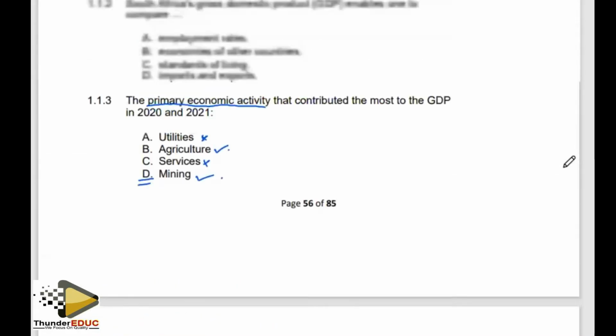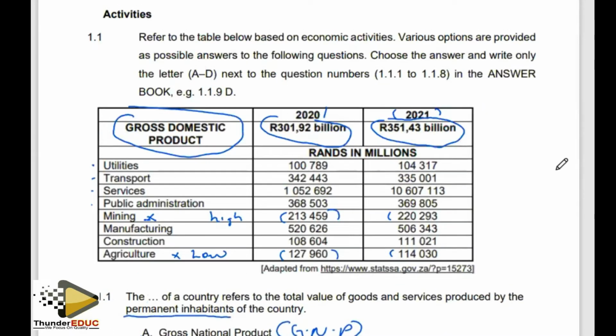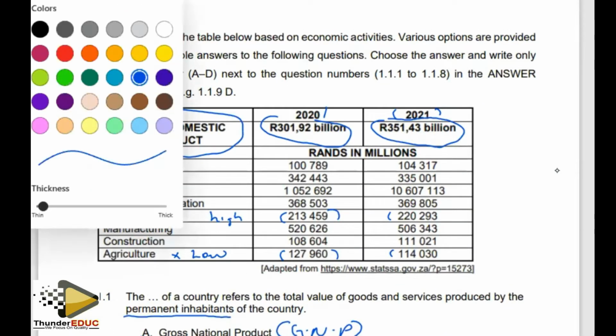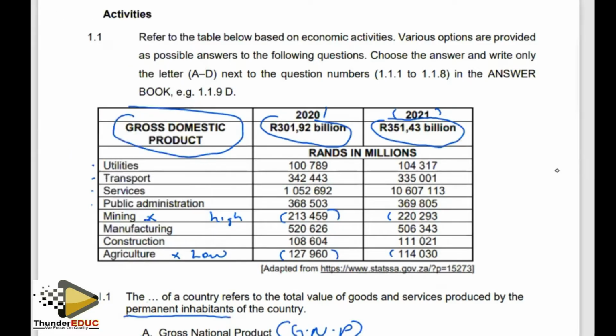So we're going to look at services, utilities. Okay, so we said we're going to focus on utilities, services, transport, and public admin. So we need to check which one did contribute the most. If we start with the utilities, you can see their contribution is 100,789 million rands.